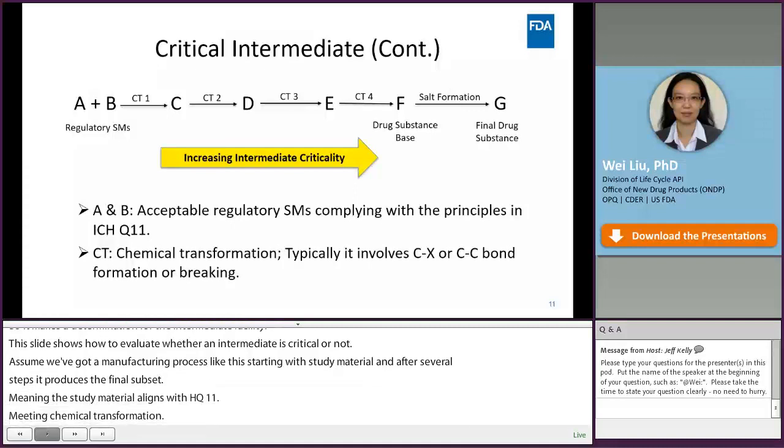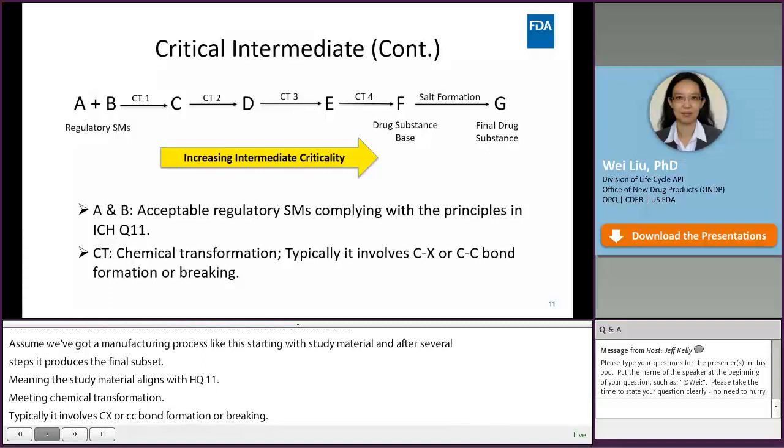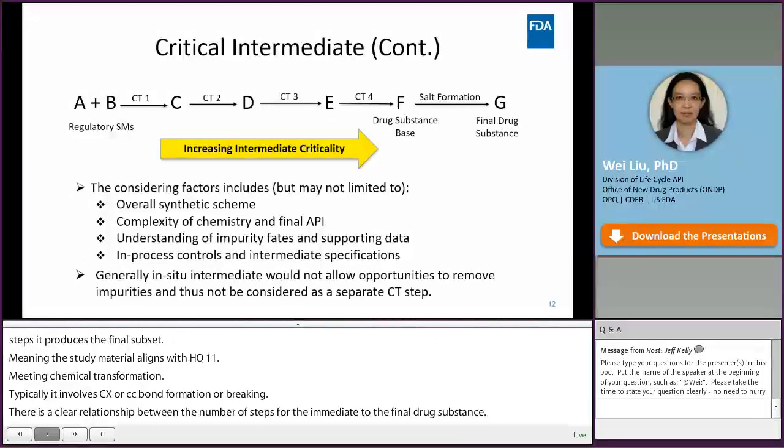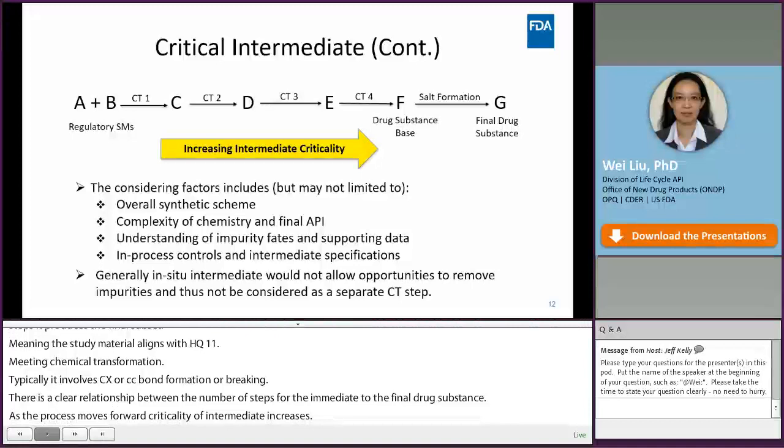There is a clear relationship between risk and the number of steps from the intermediate to the final drug substance. As the process moves forward from A to G, the criticality of the intermediate increases. Specifically, we will consider the following factors when we determine whether it is a critical intermediate.